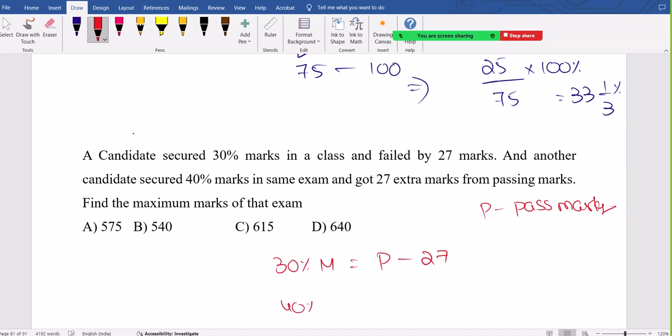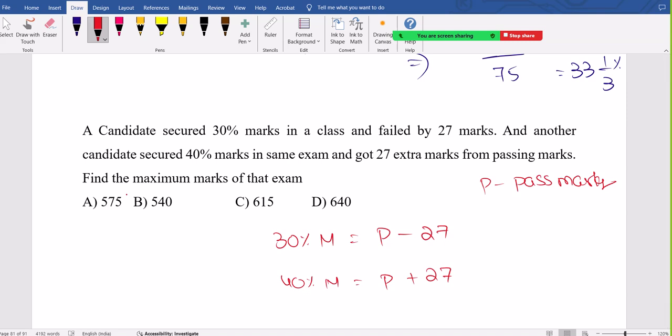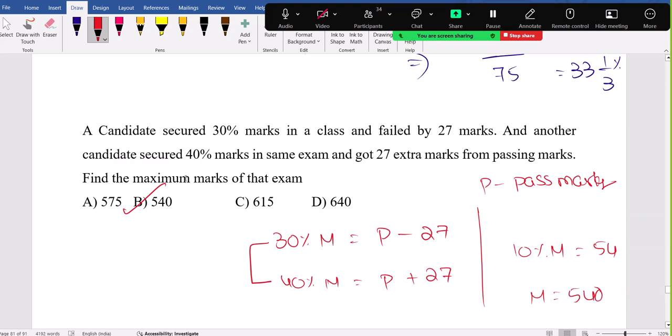Another candidate got 40%. He got 27 marks more than the pass marks. Right? So now if you want to find the maximum, take the difference between the numbers. 10% is 54. Maximum marks means 100%, which is 540. Maximum marks in that exam is 540. Right.